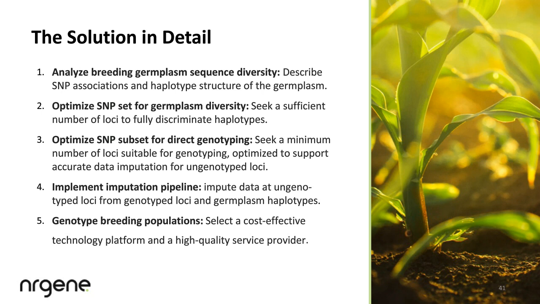Armed with that information, it's possible to optimize SNP loci within the germplasm that will provide a sufficient number to discriminate the haplotypes that exist in your breeding populations and support an application like genomic selection.